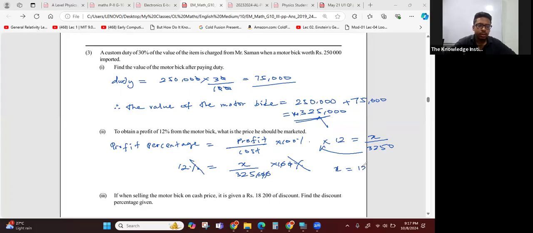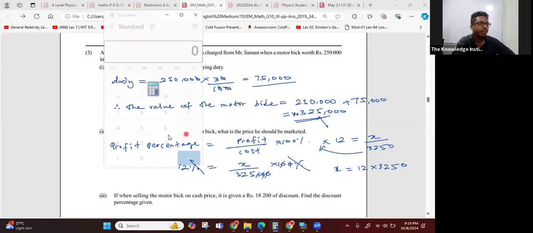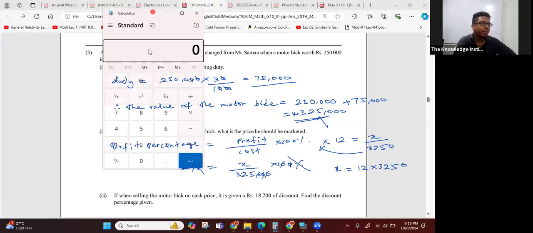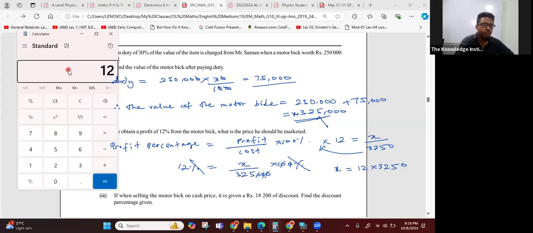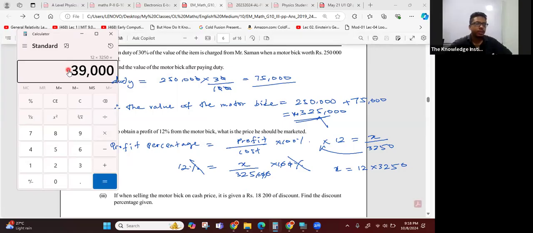So x equals 12 into 3250. 12 into 3250 is equal to 39,000. So the profit is 39,000.